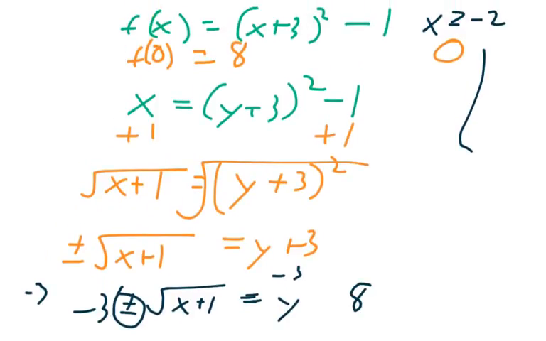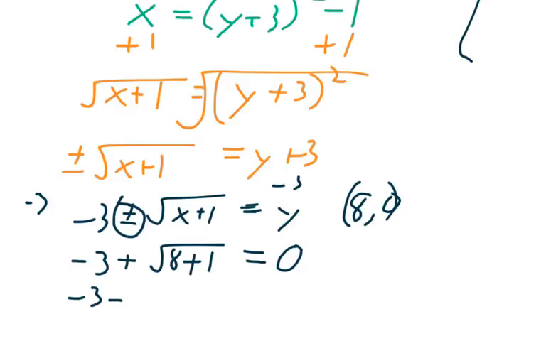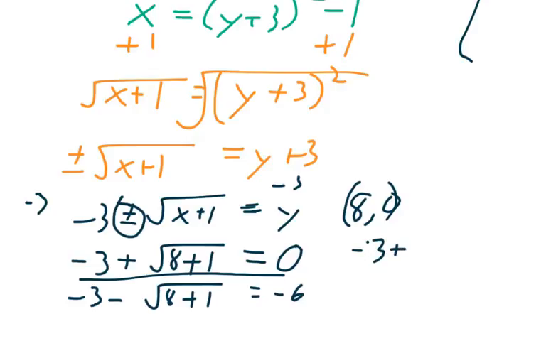So down here I need the answer of 8 comma 0. So if I do negative 3 plus the square root of 8 plus 1, I get an answer of 0. If I do negative 3 minus the square root of 8 plus 1, I get the answer of negative 6. Therefore, I want to use this one, which is the plus. So I got negative 3 plus the square root of x plus 1 equals the inverse.